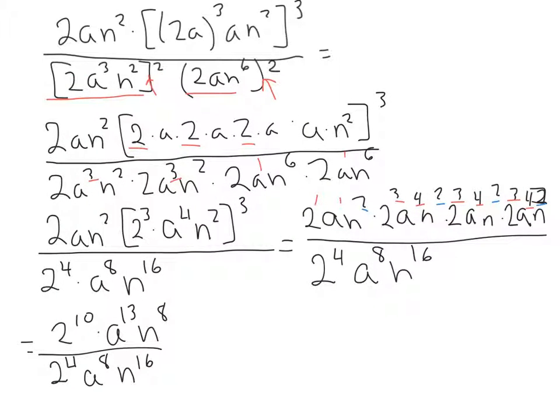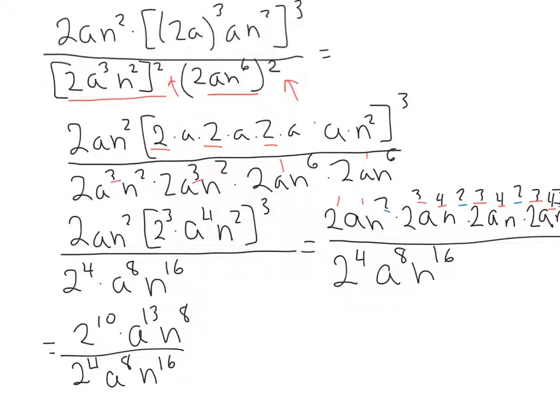So from here, our problem looks exactly like the problem we had before, which is that we have some variables on the top and some numbers on the top. So if we deal with the 2's, we have 10 2's on the top and 4 2's on the bottom, which means if we cancel, we should have 6 2's left on the top, so we'll call that 2 to the 6th.